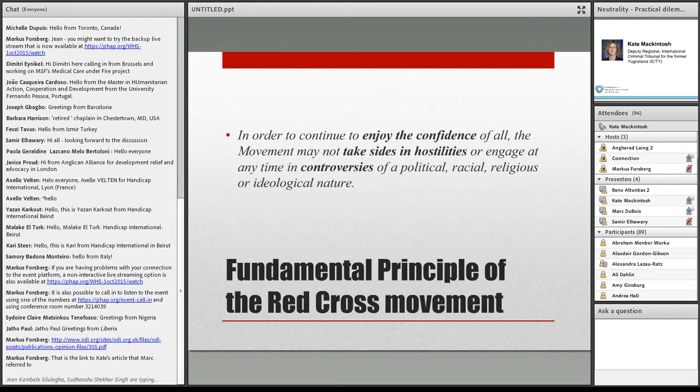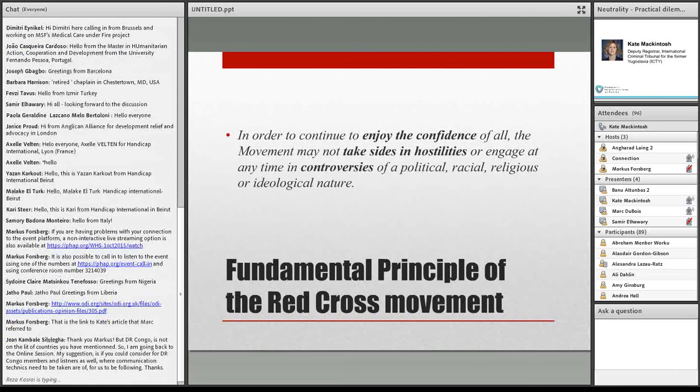I think ideological neutrality, or not engaging in controversies, raises the issues which probably first come to mind when we think about dilemmas over humanitarian neutrality, namely the question of whether speaking out about atrocities witnessed in the course of humanitarian work compromises neutrality, and the associated question, of course, of how far advocacy and humanitarian protection work are likely to be tolerated by authorities.